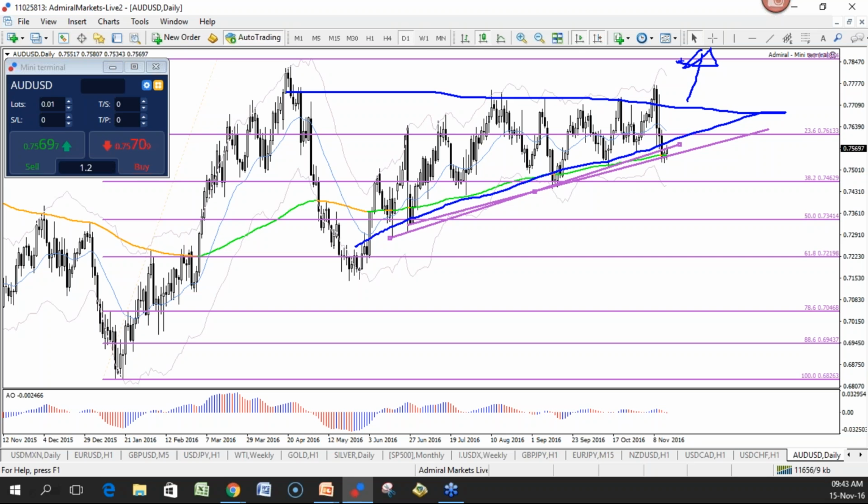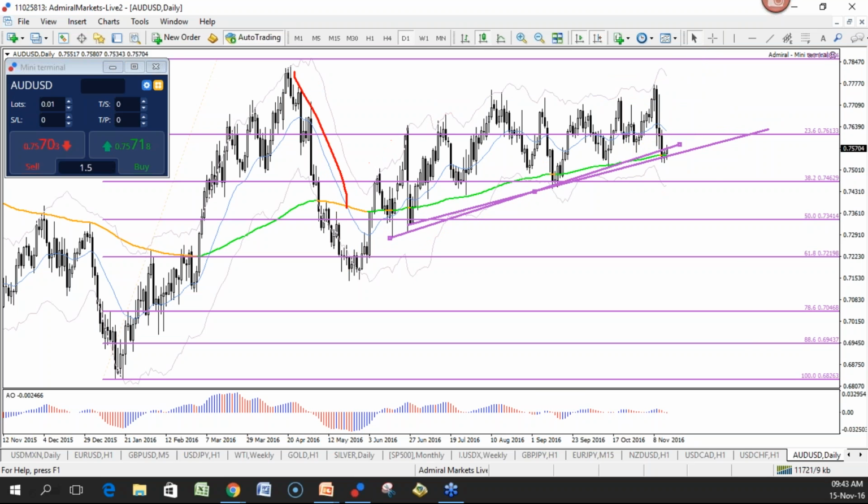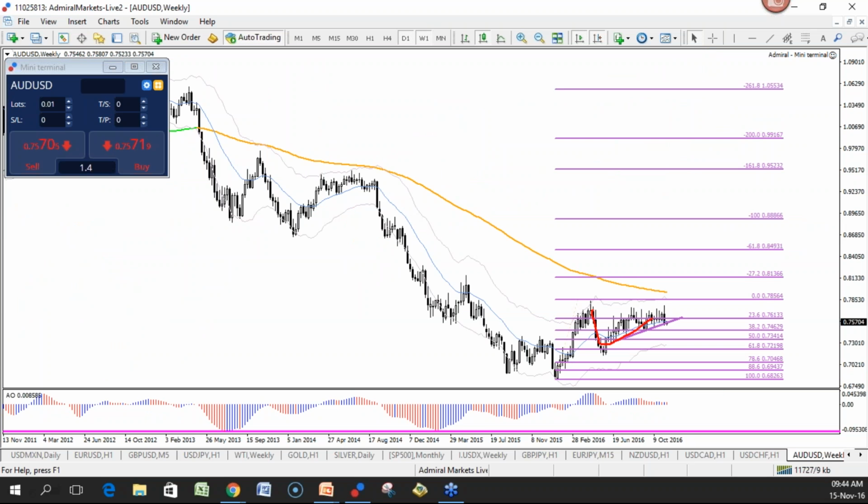If this ascending wedge breaks and price breaks through this support, in that case, this is also looking corrective. So don't forget that this could occur too. In that case, it depends how far it falls and how strong it falls. First, it will test the 78.6 fib. If it breaks these fibs, then it can make a lower low.